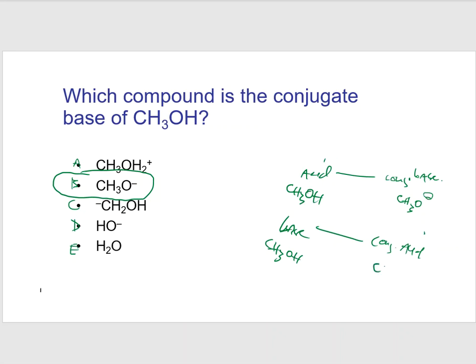And what we would have is CH3OH2 plus, because it gained a proton. It was neutral, but now it has a positive charge because it has an extra hydrogen, so it throws it off balance. So this is the conjugate acid of CH3OH.